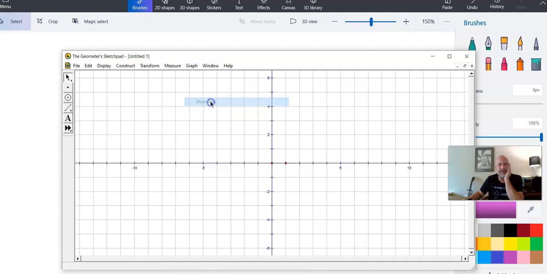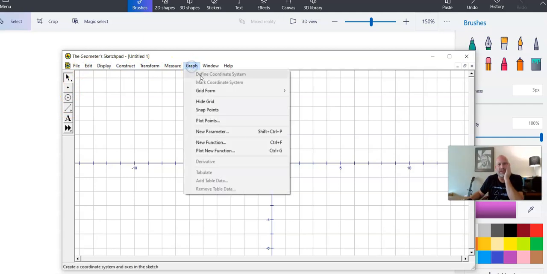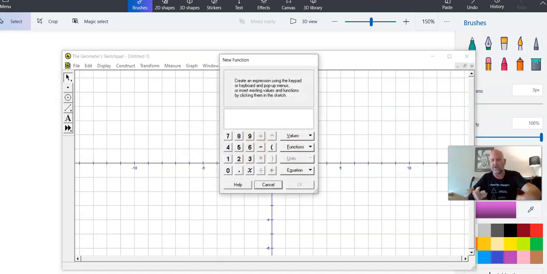Let's go ahead and put a grid up, and let's graph a line that we actually know the equation for.